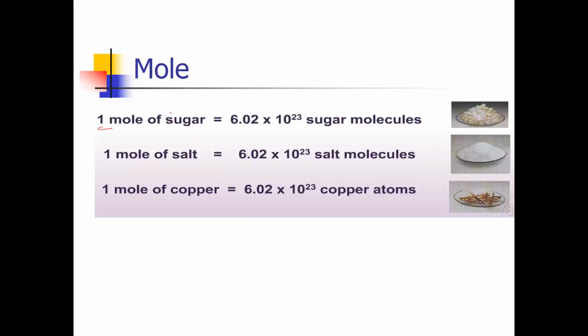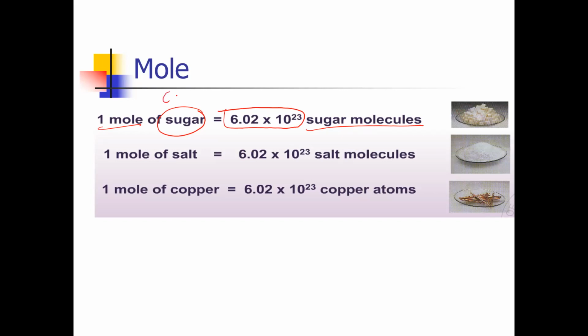One mole of sugar must have 6.02 times 10 to the power of 23 sugar molecules. Teacher, how do you know sugar is a molecule? Class, you should give me the answer. How do you know sugar is a molecule? Non-metal, correct. Jeremiah is almost there.